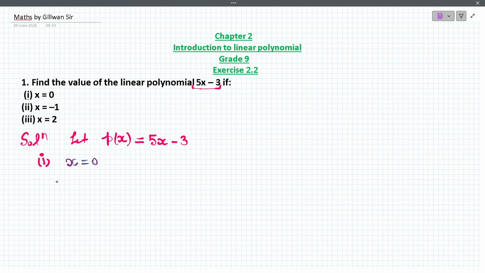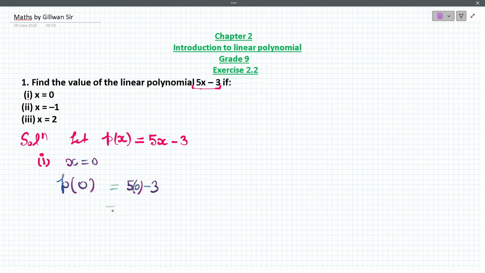It simply means we have to substitute x by 0 in the given polynomial, or simply we can write p of 0 here. Now, at the place of x we will substitute the value 0 in the bracket.